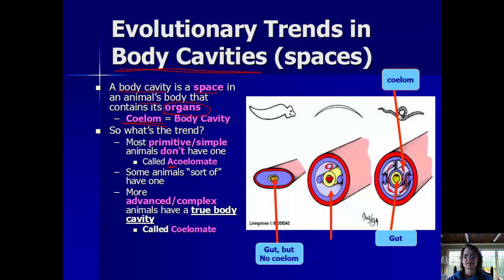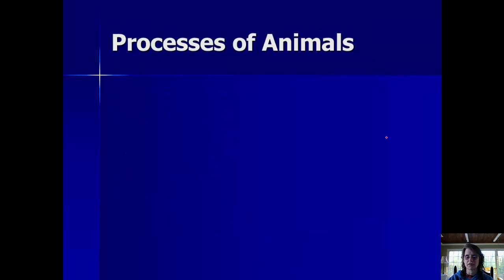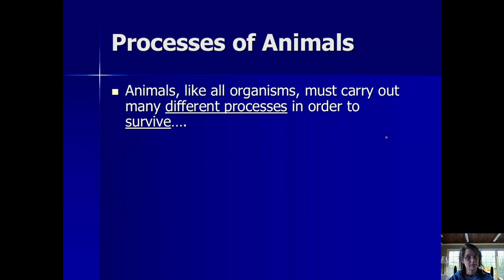Over here, the gut is not surrounded with mesoderm. That's what makes this a true body cavity. It's a real technical definition, but that's why. So this animal can get some organ development, but not real fancy. This animal can get lots of complex organ development, and that's important if you're going to be complex.